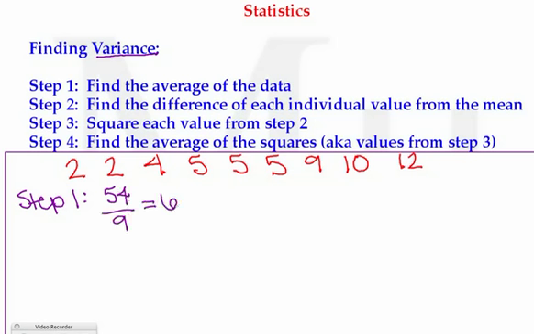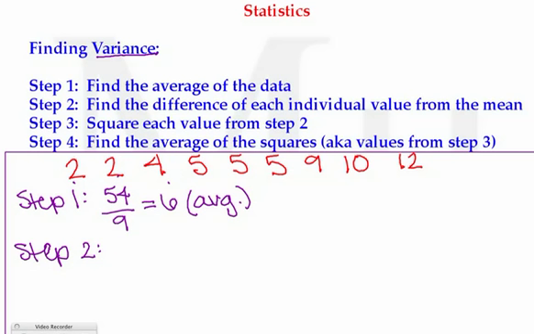Now when you move on to step 2, since the average is 6, what you want to do is find the difference of each individual value. How far away from 6 is it? So for this first 2, it is 4 away, so -4. Second 2, that is 4 away.